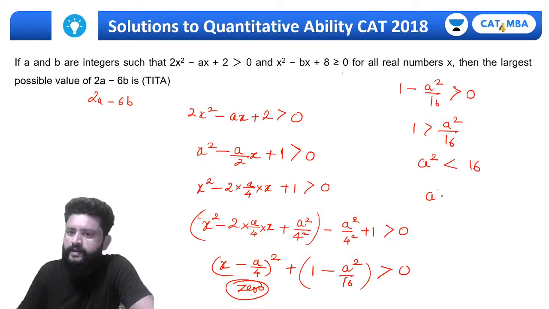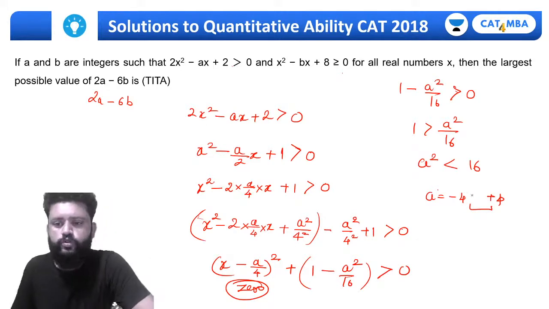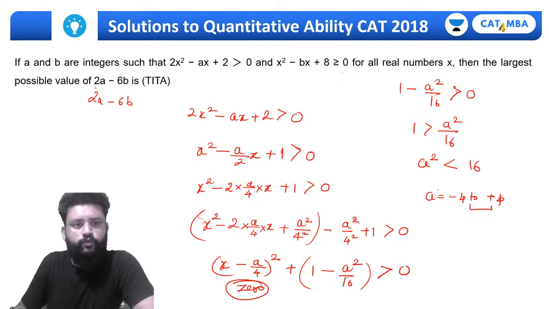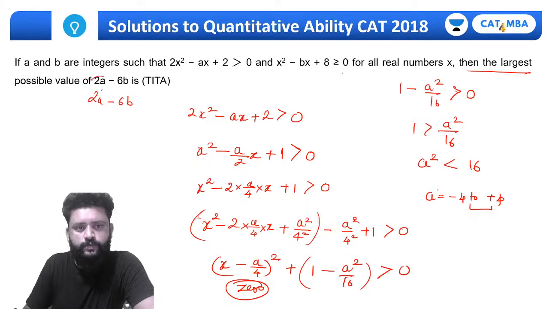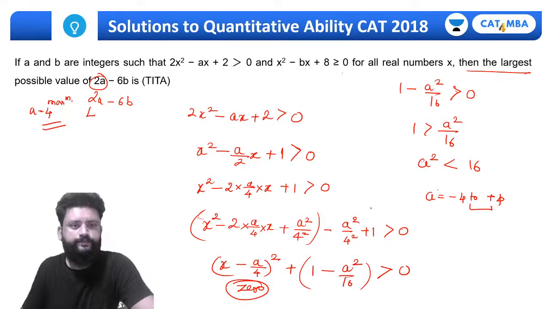So a can be -4 and +4 के बीच में कुछ भी हो सकता है, राइट? So -4 to +4. So we want the largest possible value of 2a, largest होना चाहिए, तो a है उसका मैक्सिमम वैल्यू हो सकता है 4.